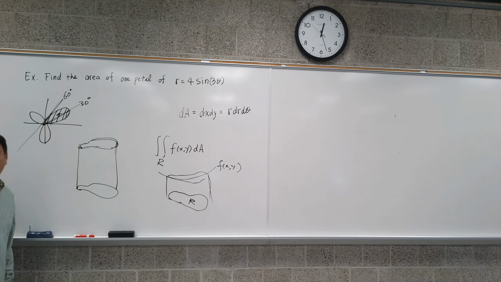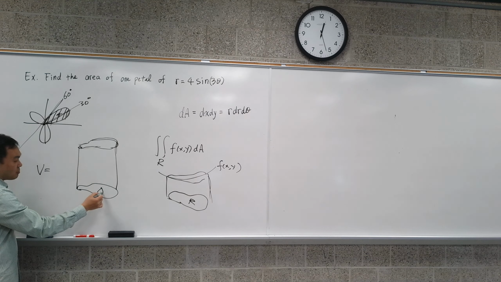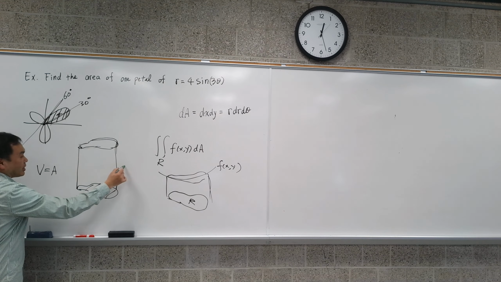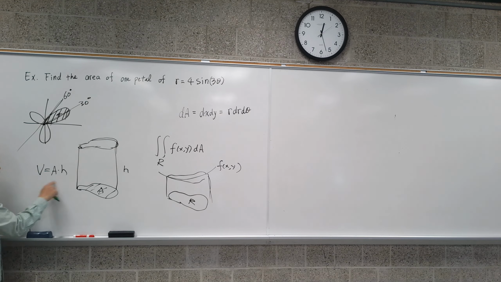So these are called columns. And the volume of a column, just like the area of a rectangle is base times height, is, if I say the base area is A and the height is H, simply A times H, because this is just being spanned up like that. Makes sense, right?